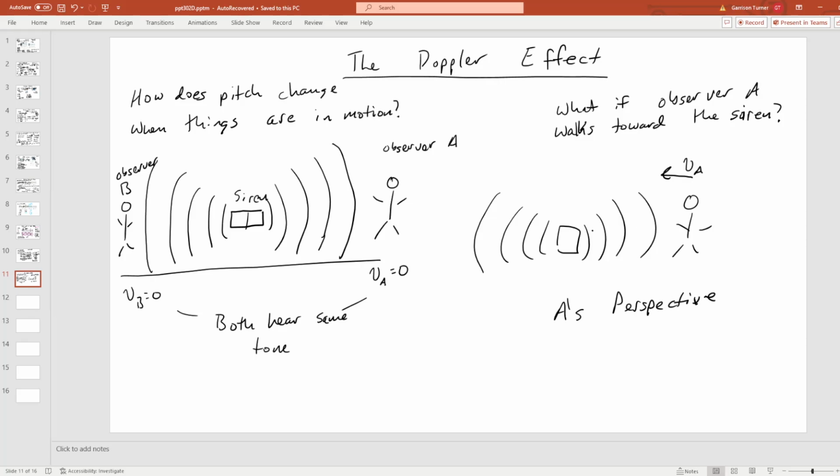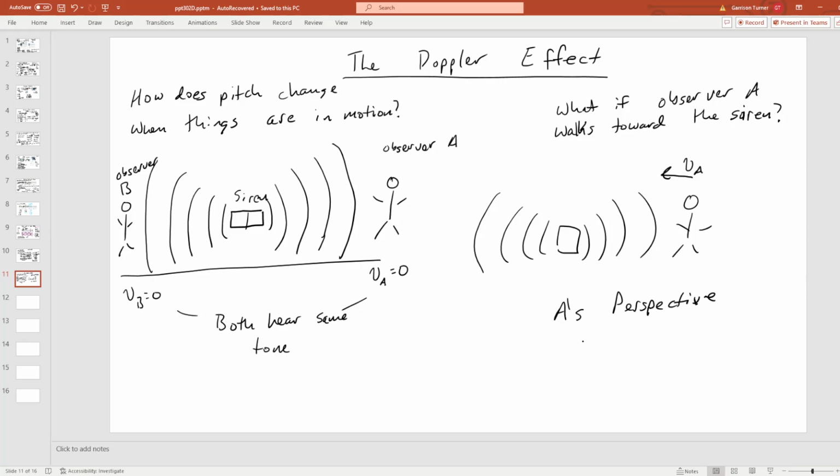Because they're moving into the sound waves, they will experience each crest at a faster rate than observer B, being stationary with respect to the siren, will.